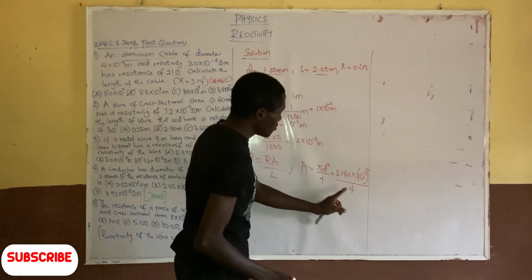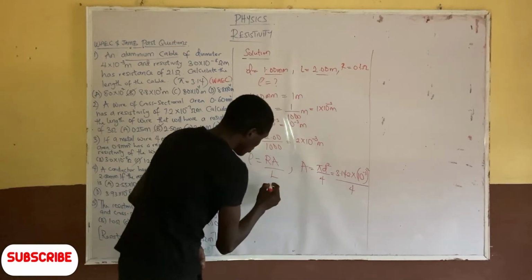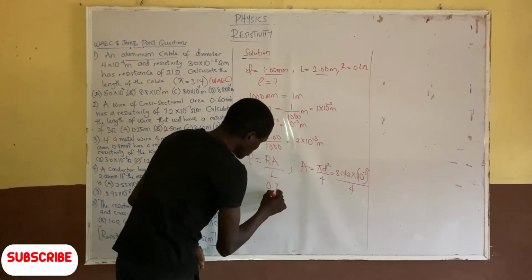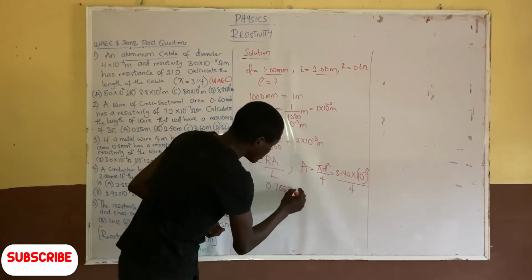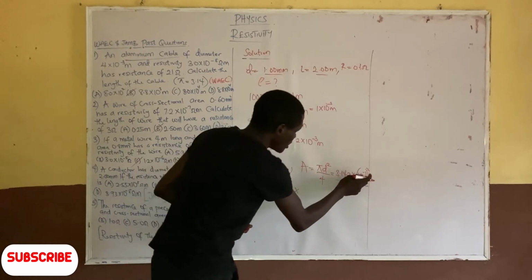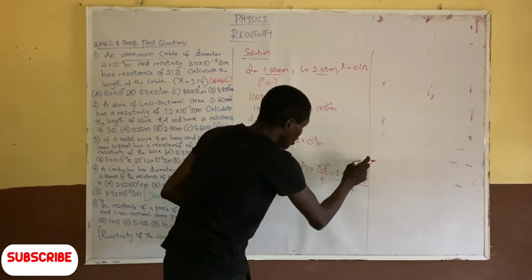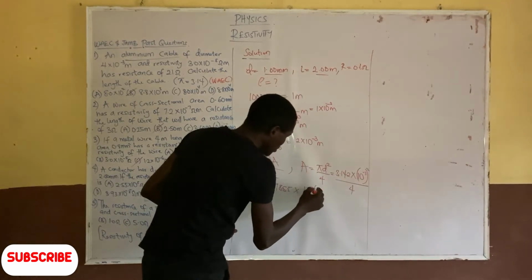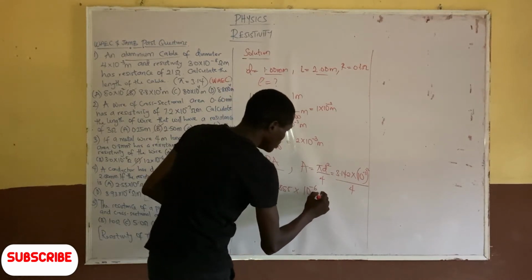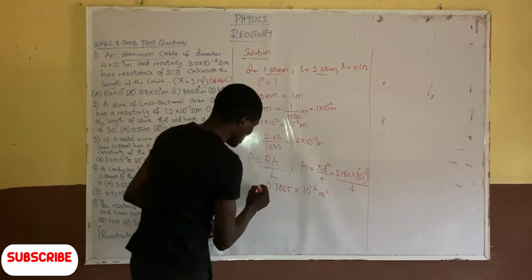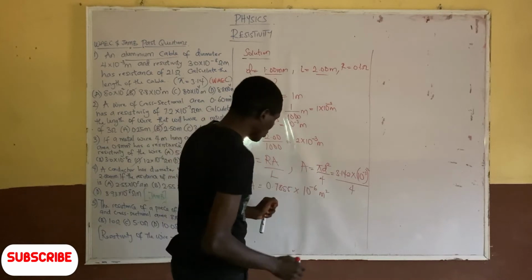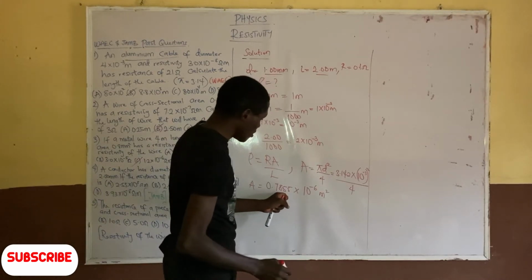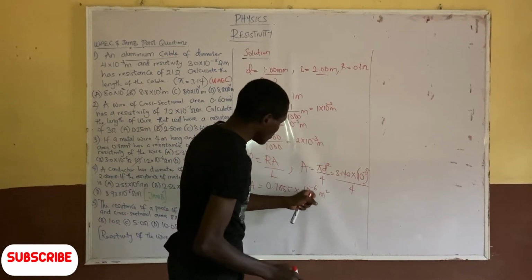So 3.142 divided by 4, I'm going to have 0.7855 times 10 raised to the power minus 3 times 2, which is 10 raised to the power minus 6 meter squared, because it is area that we are looking for here. Area is equal to 0.7855 times 10 raised to the power minus 6 meter squared.